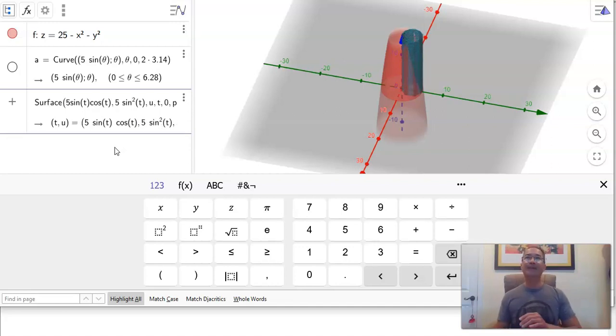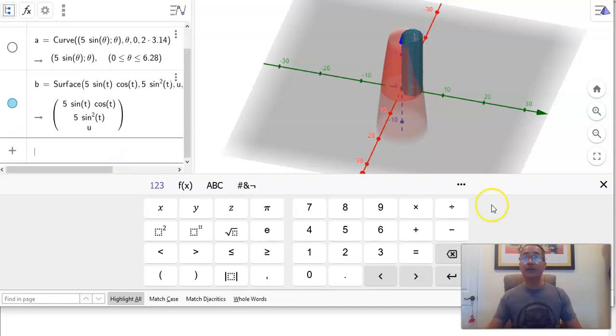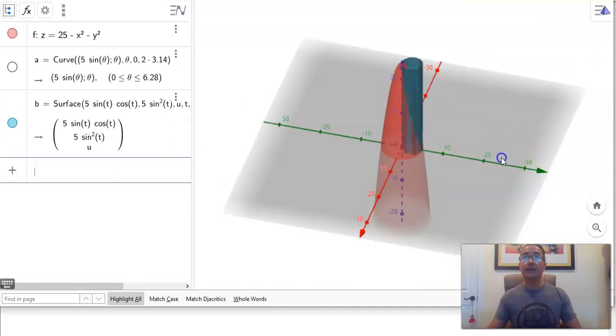Why? Because we have 5 sine t, another sine t, so sine squared t. So there you go. There is your cylinder.